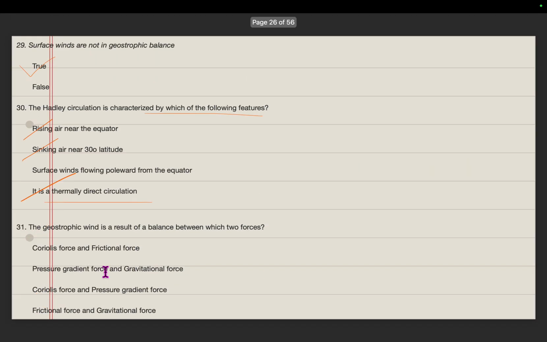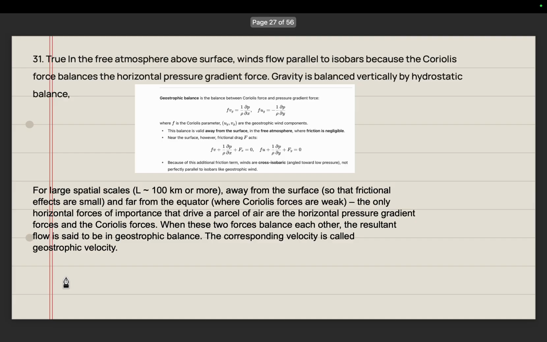Question 31. Option C is correct. Geostrophic wind is a result of balance between Coriolis force and the pressure gradient force. In the free atmosphere above the surface, wind flows parallel to isobars because the Coriolis force gets balanced by the horizontal pressure gradient force.